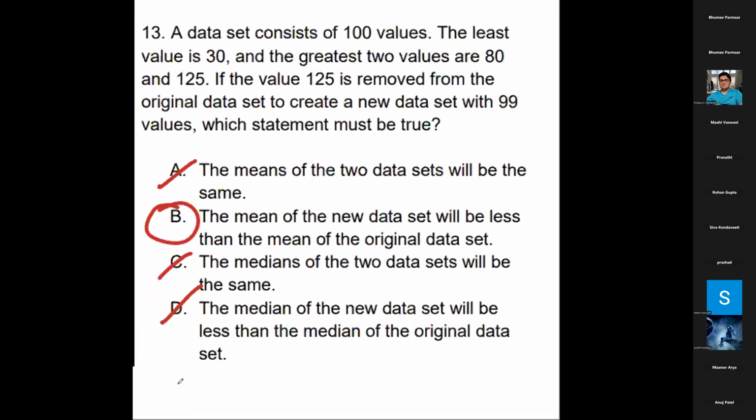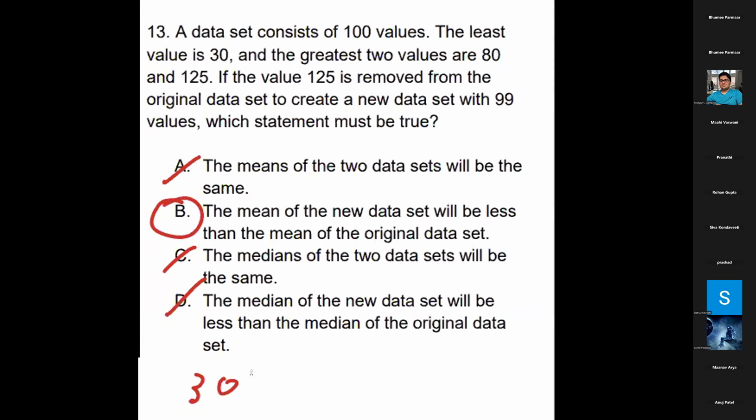Oh, sorry. So let's say we have a data set of 5 values, like 30, 40, 50, 80 and 125.